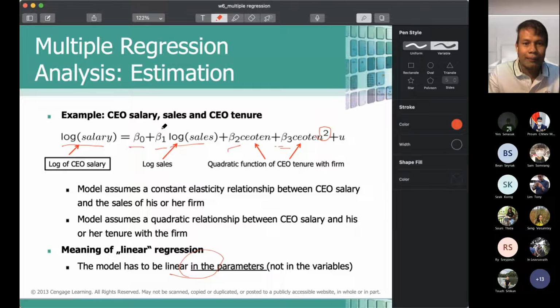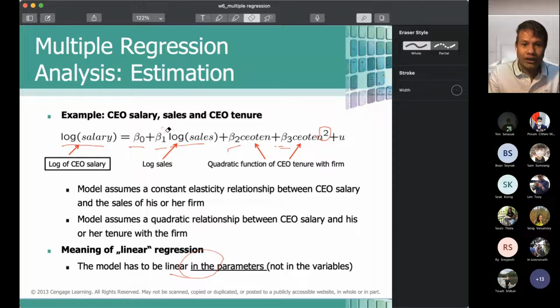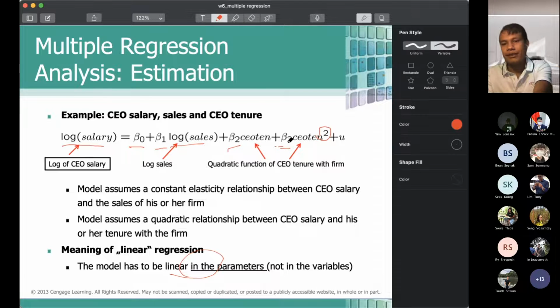You cannot have, for instance, delta 1 squared. No, that is not linear, so you cannot use OLS, you cannot use ordinary least squares. So even with multiple linear regression, you can have different functional forms as long as the parameter is linear, as long as this delta is linear. All right. So don't be confused. When we say linear, we mean linear in parameter, not linear in variable.